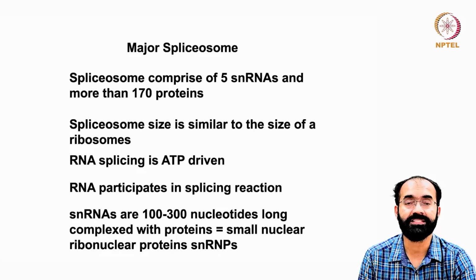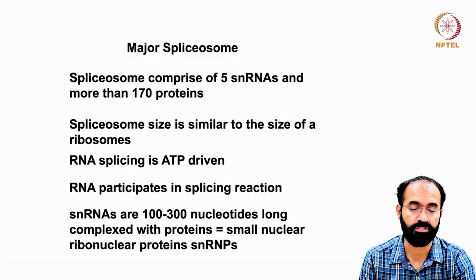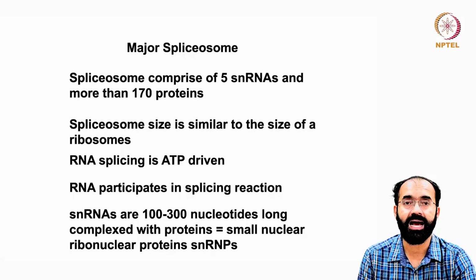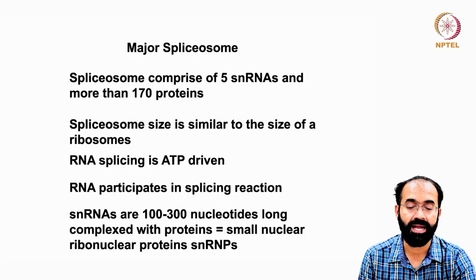RNA splicing is ATP driven, and the RNA participates in the splicing reaction. Proteins basically stabilize it, while the RNA participates in the actual splicing. snRNAs are around 100 to 300 nucleotides long and are complexed with proteins, and we call it a small nuclear ribonucleoprotein, or snRNP.